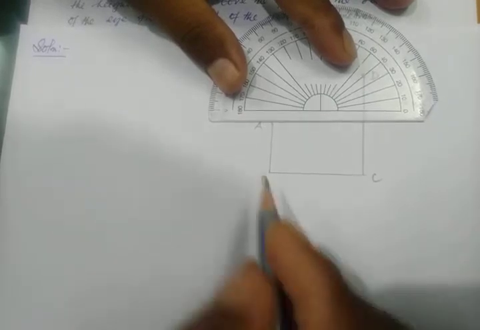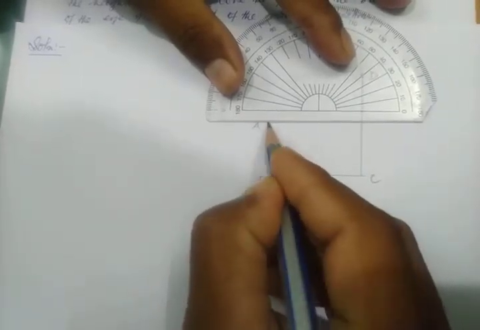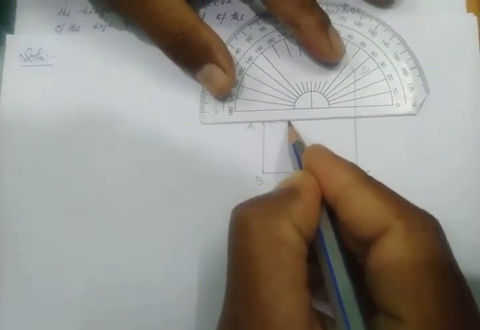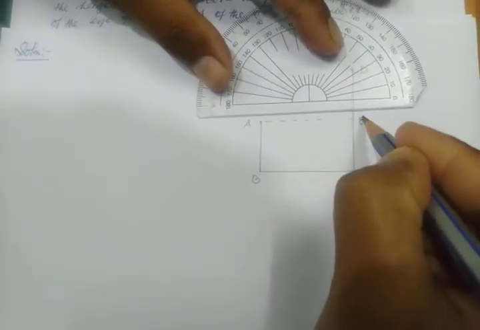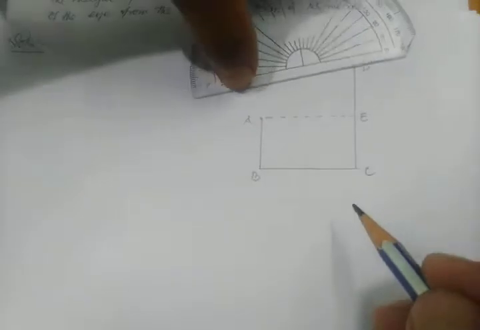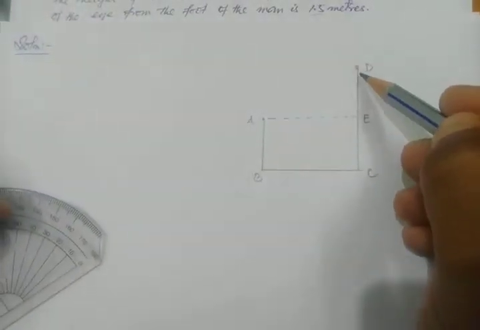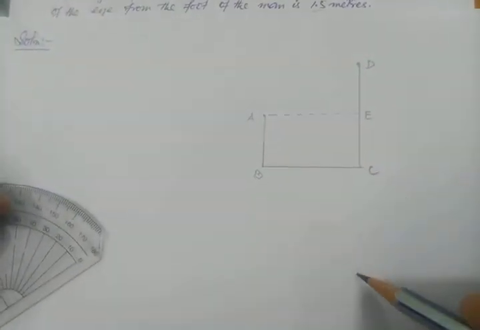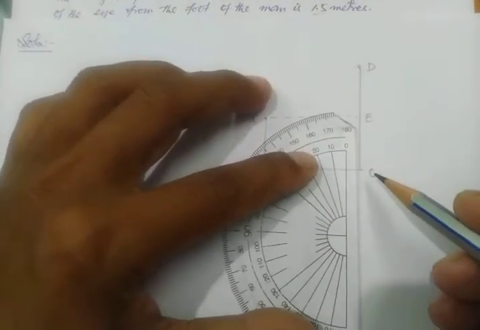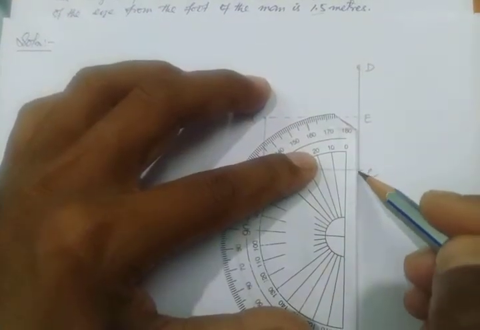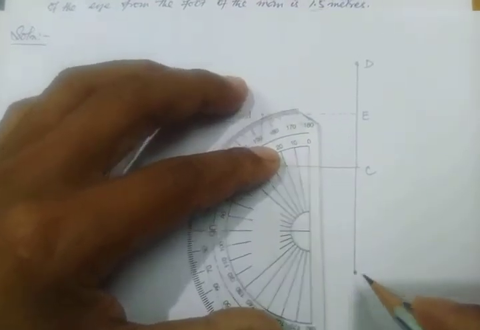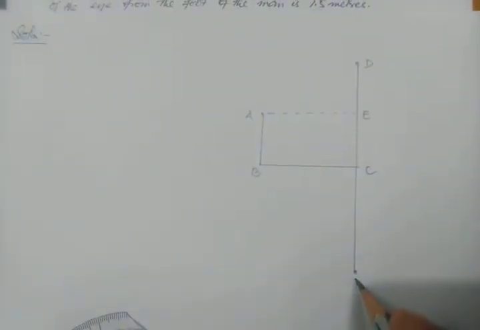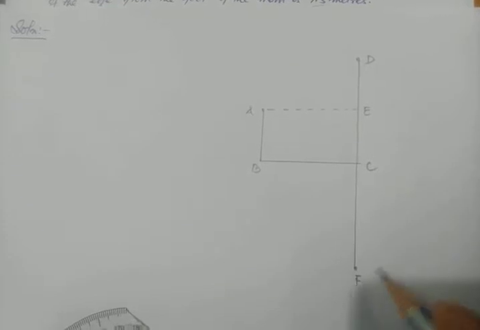And since we are observing from the eye of the man, we have to draw a horizontal line. Let's call it E. Now the man is observing not only the bird but also its reflection in the pond. Let us draw the reflection of the bird in the pond. Let's say this is the image formed by the bird inside the pond.